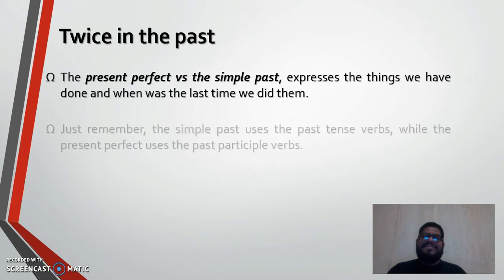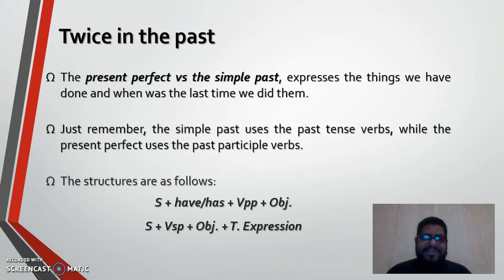The present perfect versus the simple past expresses the things we have done and when was the last time we did them. Remember, the present perfect refers to actions that happened in the past. Those actions are considered as finished actions in the present, and their main characteristic is that they do not have a time expression.